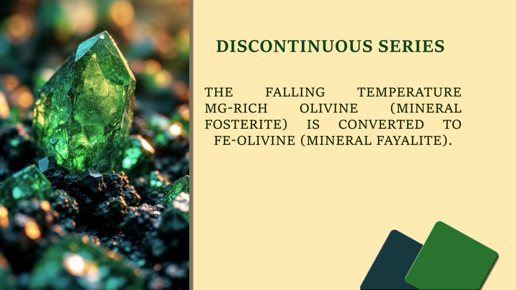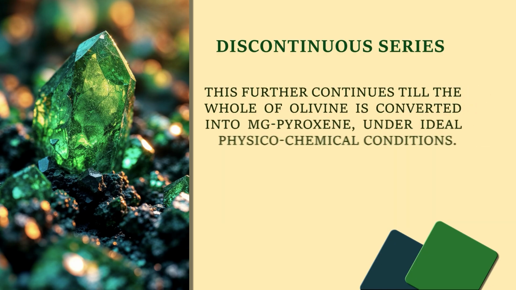Thus, with falling temperature, Mg-rich olivine, which is known as the mineral forsterite, is converted to Fe-rich olivine, that is the mineral fayalite. This continues further till the whole olivine is converted to Mg pyroxene under ideal physico-chemical conditions. I hope you understand this concept.